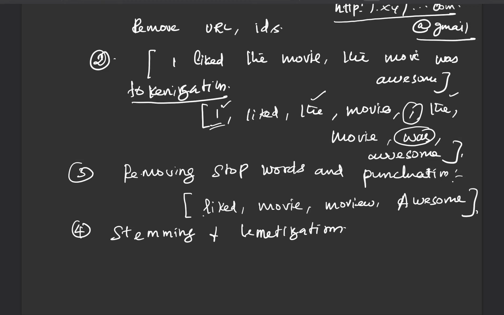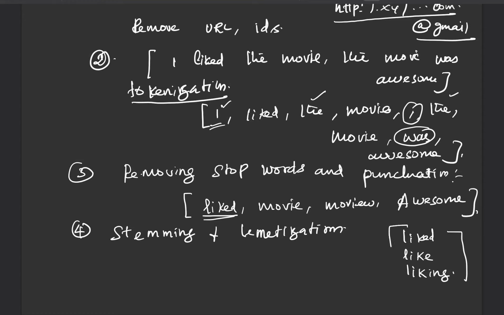For example, the word liked is very similar to the root word like, liking. So when I read the entire corpus and create my vocabulary, there might be three different words: liked, like, and liking. Different sentences may have different words like this.